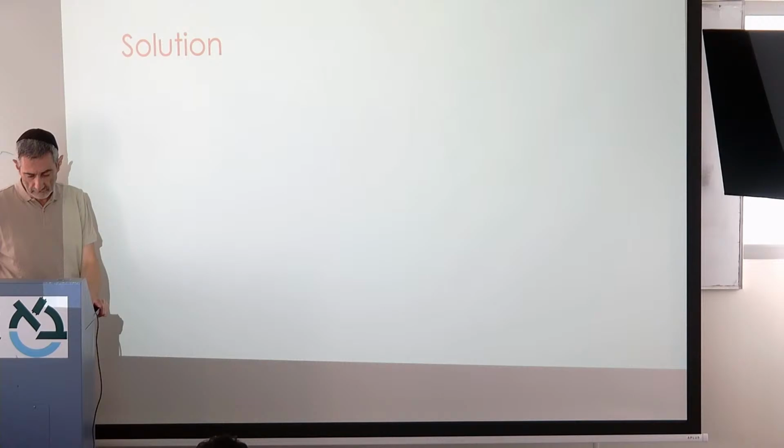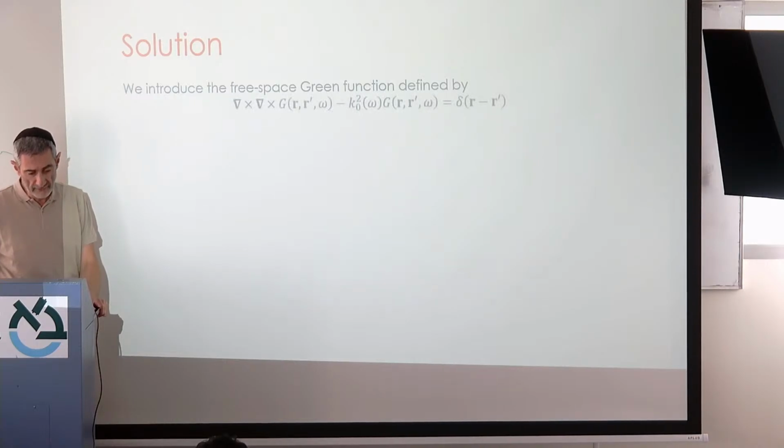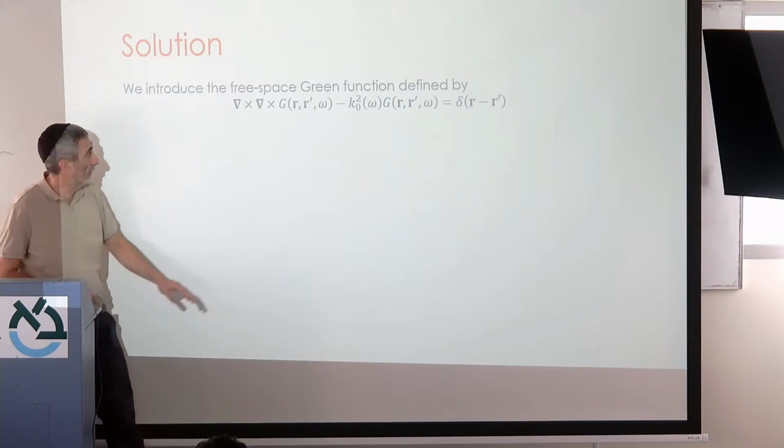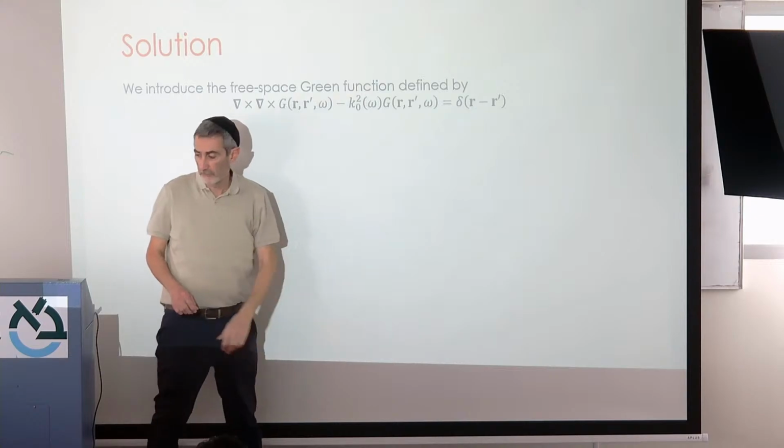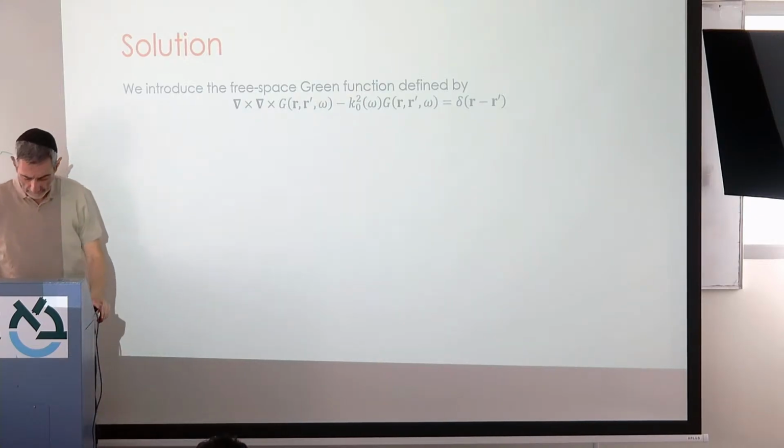So now we can introduce the Green function, the free space Green function, which is defined, as we said before, as the solution of the wave equation with the source term at position r prime.